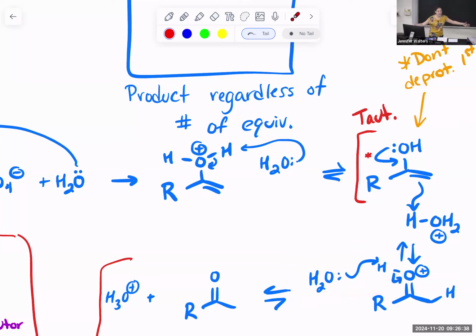We keep things protonated or neutral, right? We're not going to form anions if I have strong acid around. You're not going to make a strong base if you have strong acid around. So we're going to form that oxygen with the positive charge and then deprotonate, because in acidic conditions, you keep positive charges or neutral on your carbon scaffold.